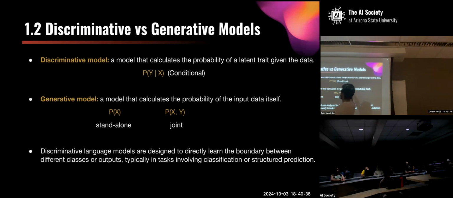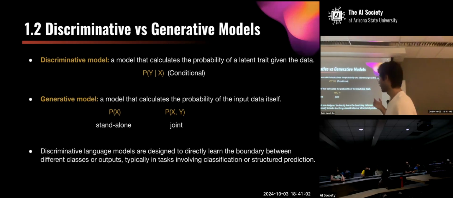These come under discriminative models because you are given a sentence X and you are predicting a Y. For example, spam classification: given an email, is it spam or not? The email content will be your X, and you are predicting Y, whether it is spam or not spam, based on the content of the email.